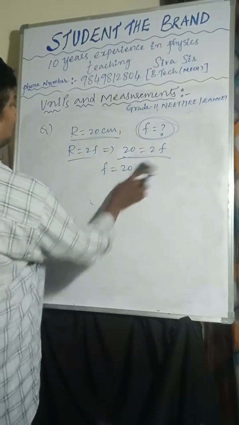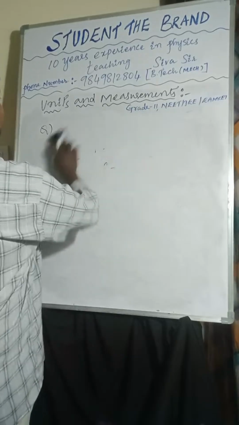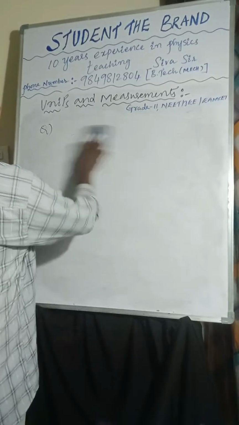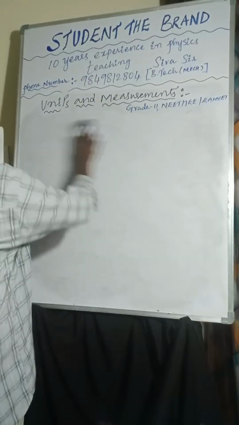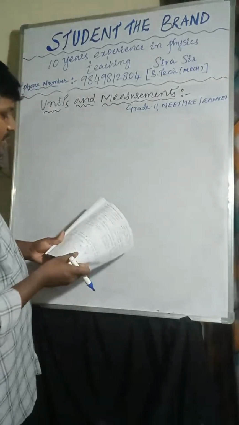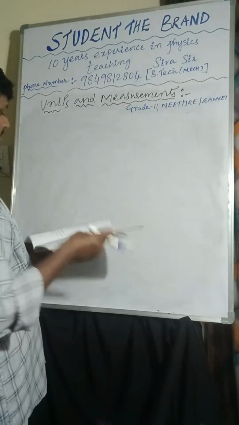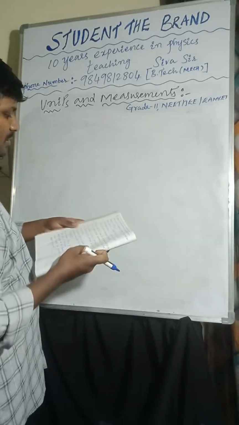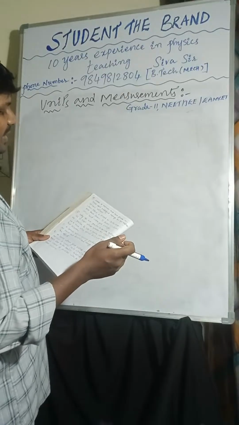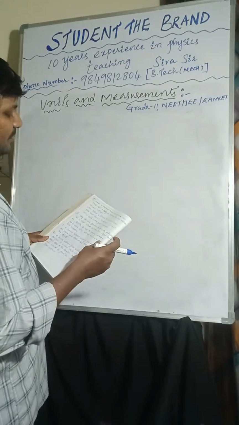So next problem. We are going to the next problem. Next problem is: name a mirror that can give an erect and enlarged image of an object.